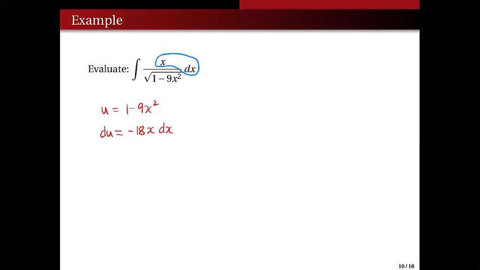So you have your x dx. You can bring this minus 18 to the other side, meaning you have du over negative 18. This is equal to x dx. So this x dx will be replaced by du over negative 18.